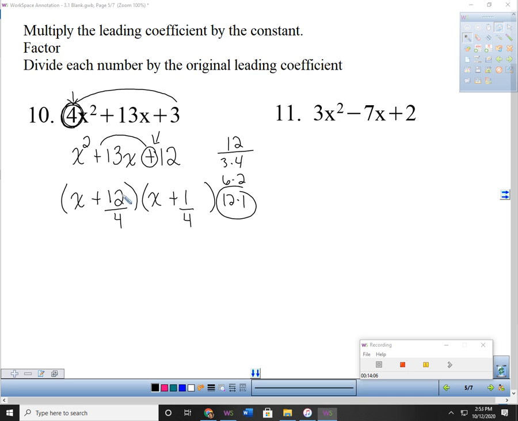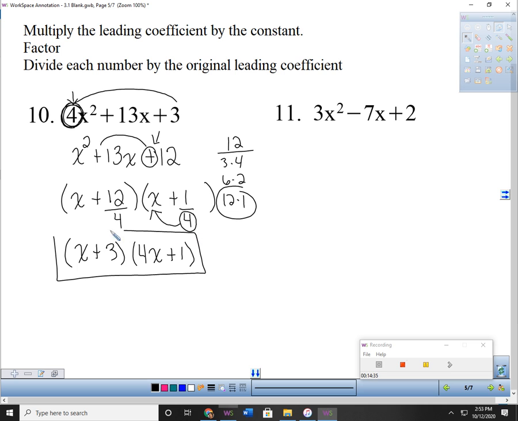So if it reduces, you should always reduce. 12 divided by 4 is 3. But 1 over 4, that doesn't reduce at all, right? So you're going to take that number that's on the bottom, which happens to be a 4, and move it in front of the x in that parenthesis. So you get 4x plus, and then you just leave the 1 back here. And then that is your answer.